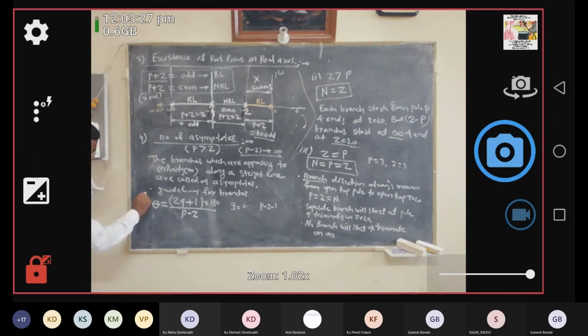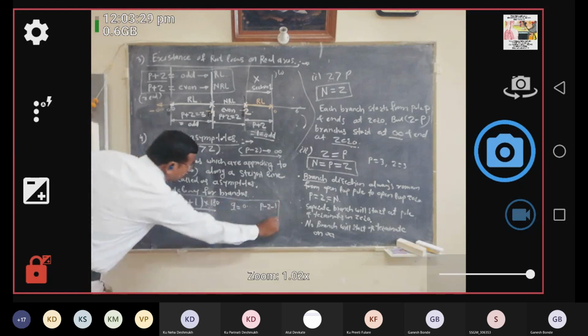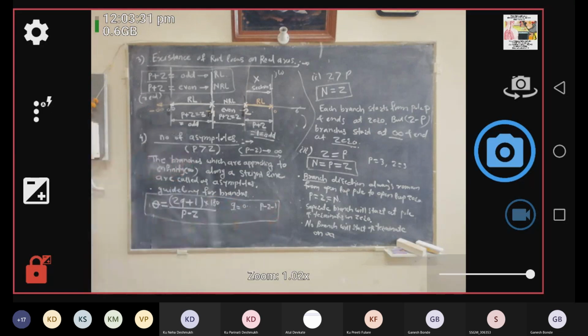So this is the expression for determining the angle of asymptote. So this theta indicates the angle of asymptote. (2q plus 1) into 180 divided by p minus z.